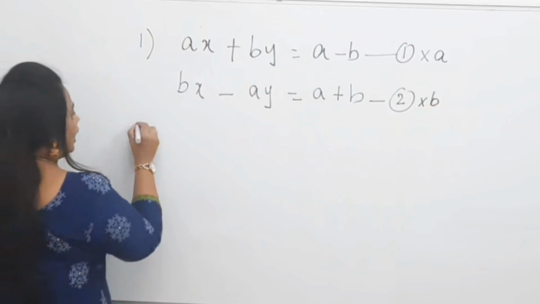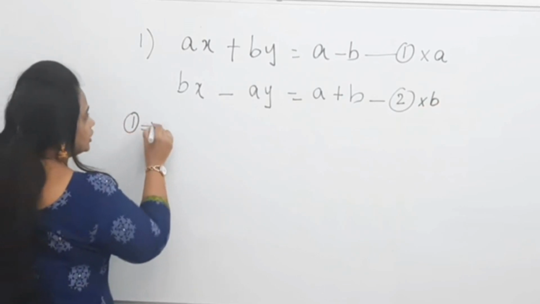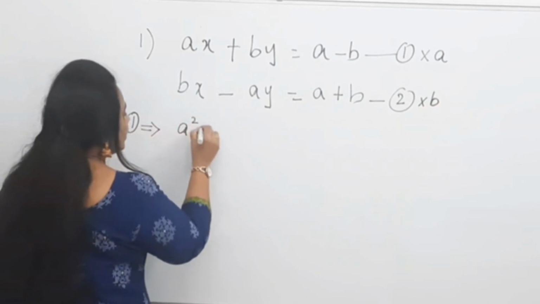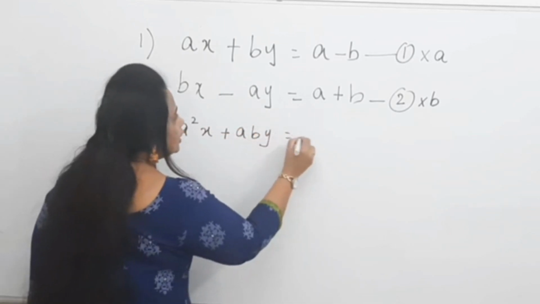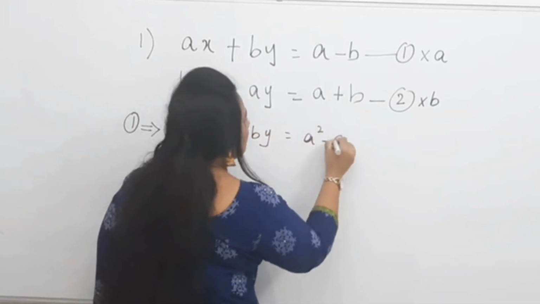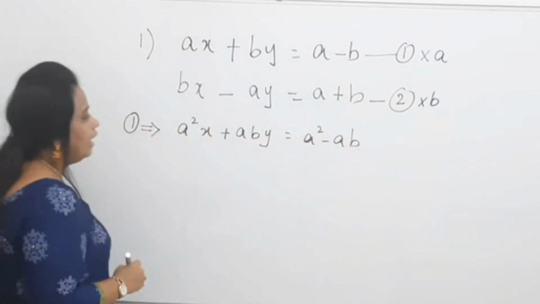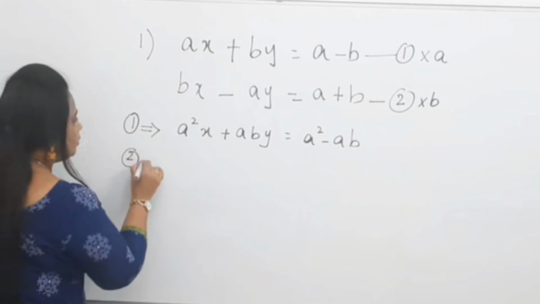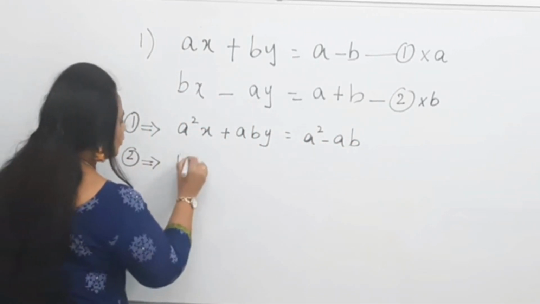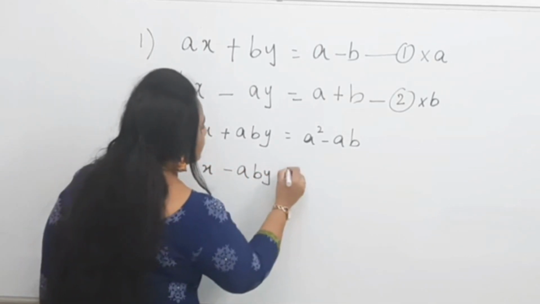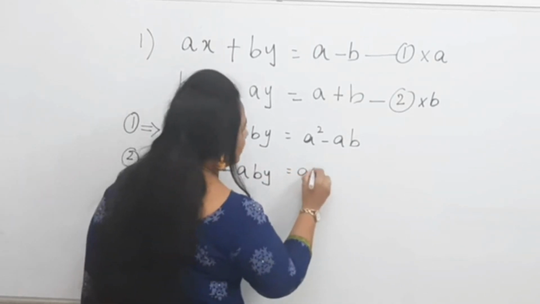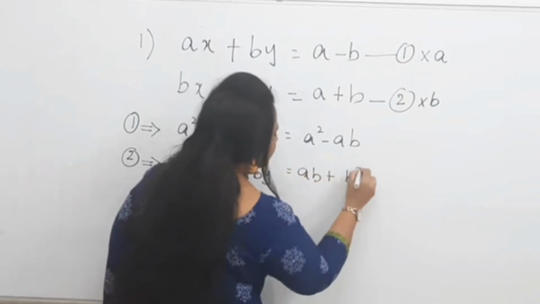Now my first equation becomes a square x plus aby is equal to a square minus ab. And my second equation becomes b square x minus aby is equal to ab plus b square.